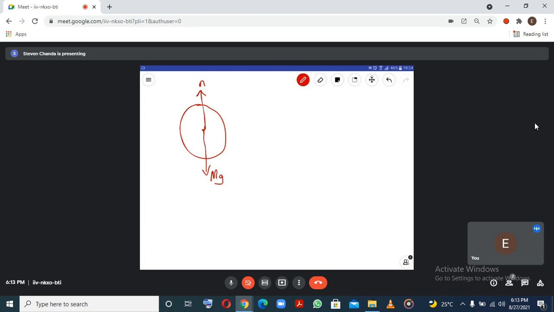Then there is a rope. Okay? So there is a rope. So why have I drawn this?